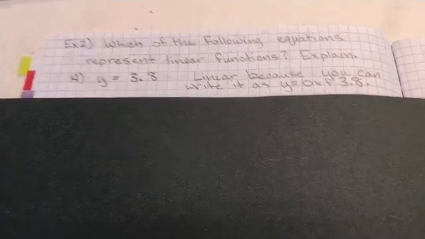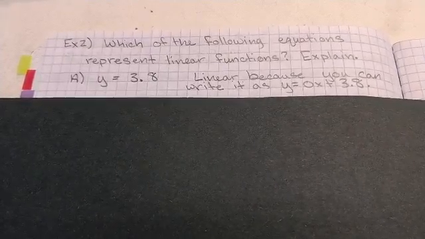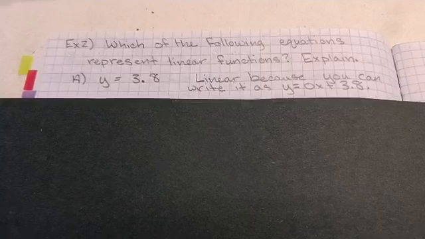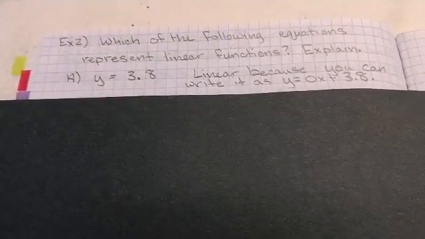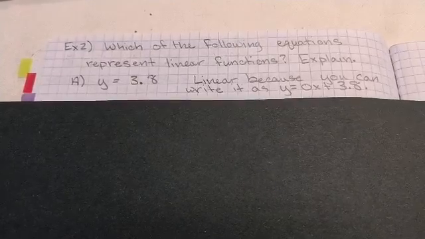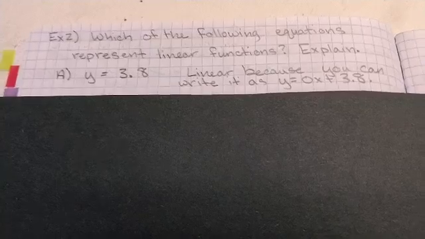Yes. So I'm going to say it's linear because I can write it as y equals 0x plus 3.8. If I make my slope 0, 0 times x makes it disappear, which would leave me with y equals 3.8. So this is a linear function.